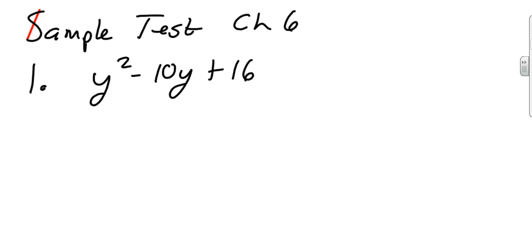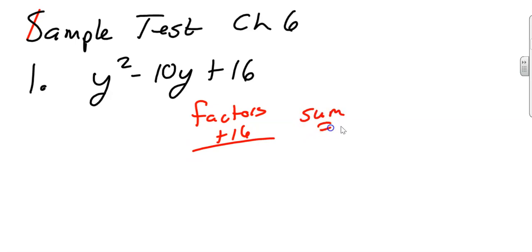First thing is, it's 3 terms. And if you go back and check on your 3 terms, the first term is 1. So for that one, we get the shortcut. This one's just going to be the factors of 16, and it is a positive 16, where the sum would equal negative 10.